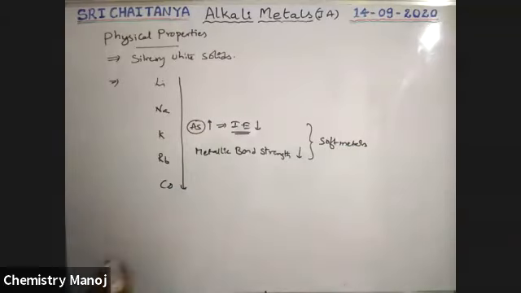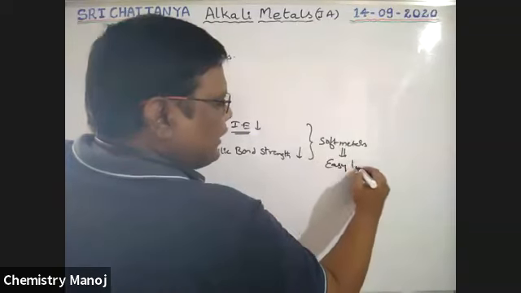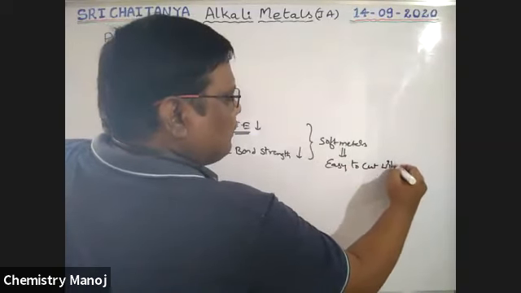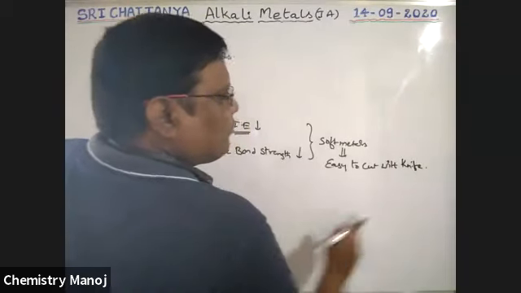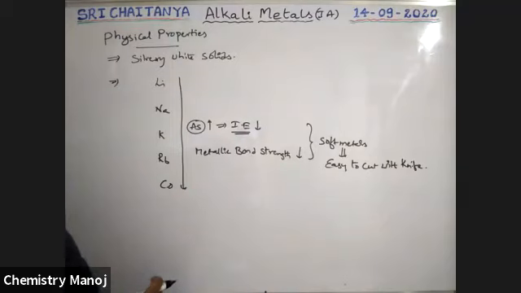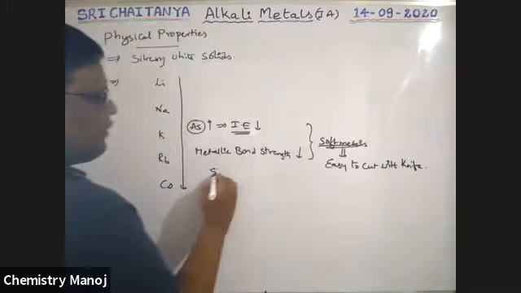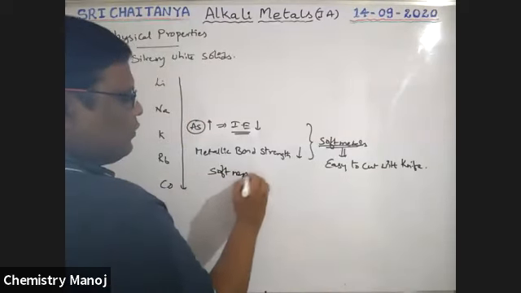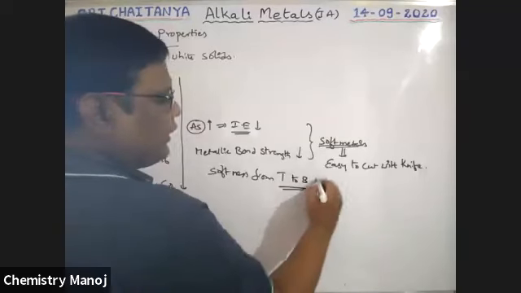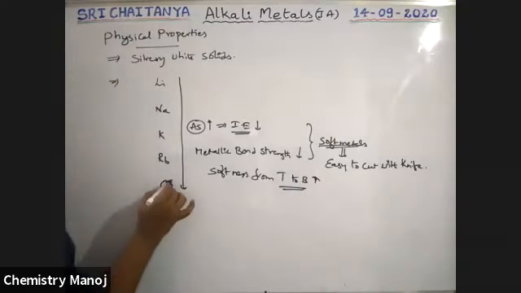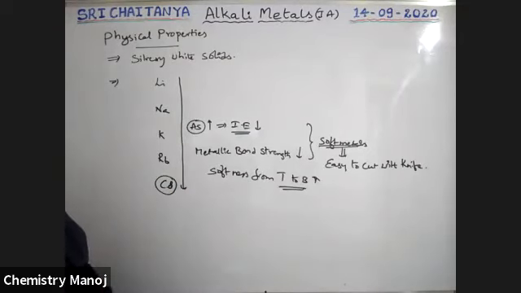All these are soft metals, easy to cut with a knife. So that softness from top to bottom increases. That means cesium is the softest metal and easy to cut.